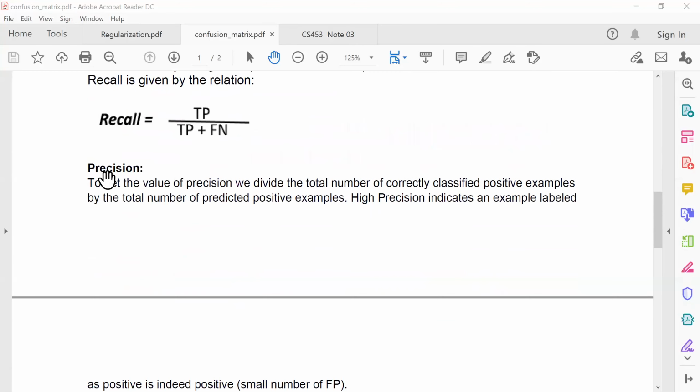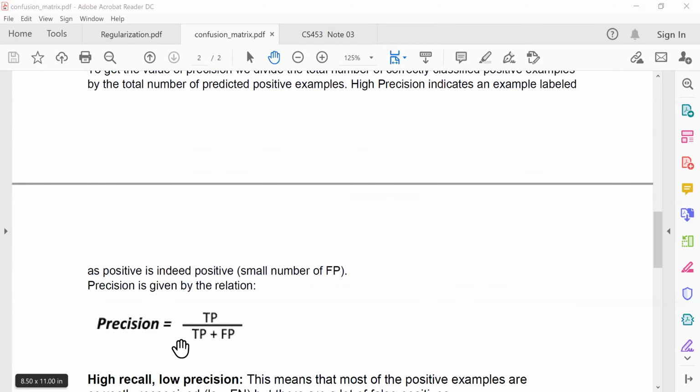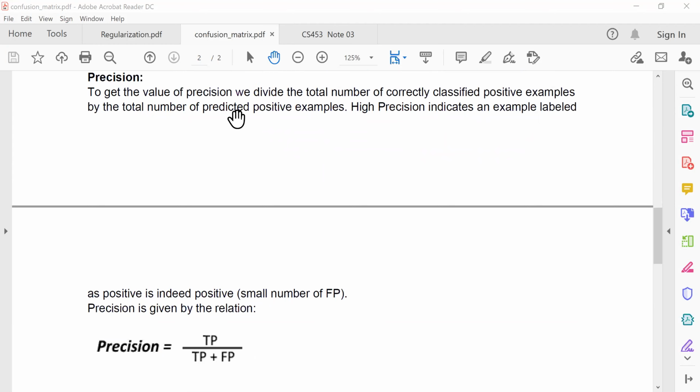And there is another measure called precision. Precision is true positive over the sum of the counts of true positive and false positive. You divide the total number of true positives by the total of the true positives and the false positives. That's the ratio.